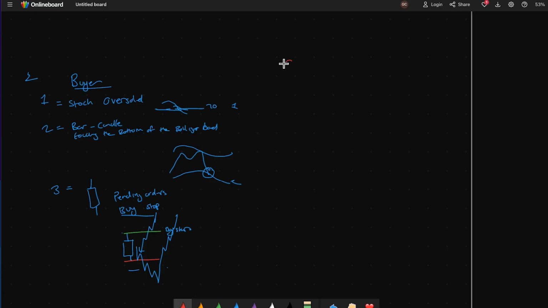Now, if you want to sell, it's the opposite of everything. If we want to sell, we need the stochastics overbought. So step one, stochastics overbought. You can see that, basically the market above the 80.